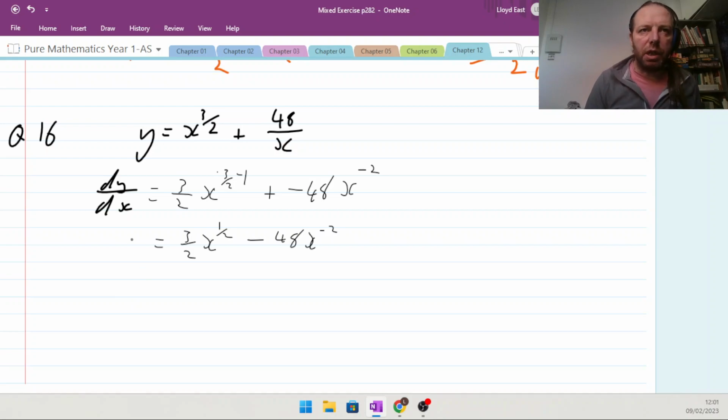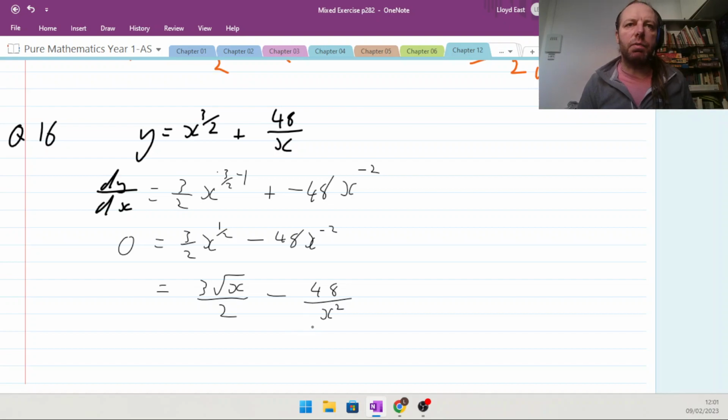When it equals 0, we've got to solve that for 0. What does that look like? Nothing particularly nice, because that's 3 times the square root of x over 2 minus 48 over x squared.